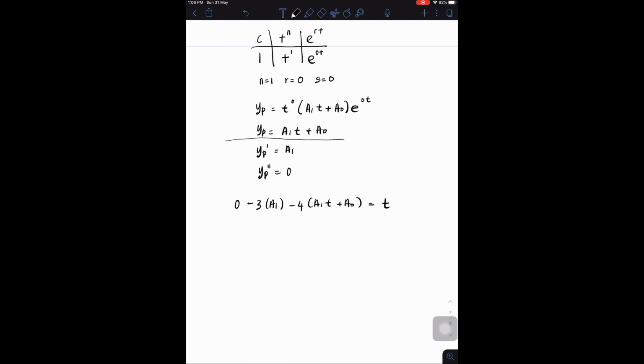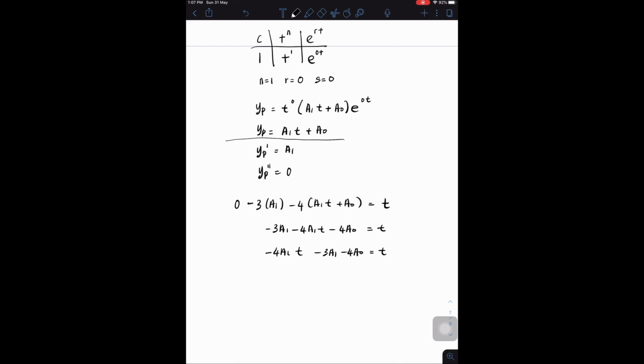Now we expand this equation. We will get negative 3 a1 minus 4 a1 t minus 4 a0 equal to t. So what you will have here is negative 4 a1 t minus 3 a1 minus 4 a0 equal to t.